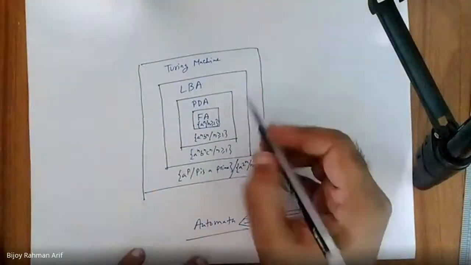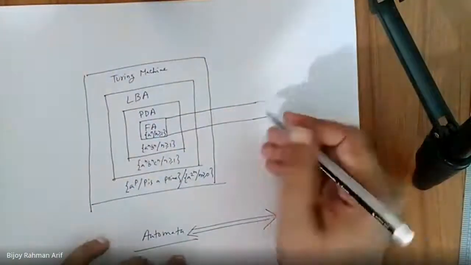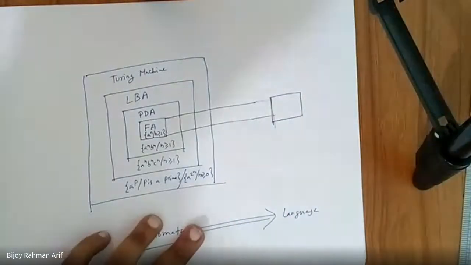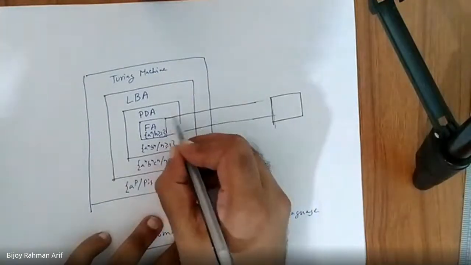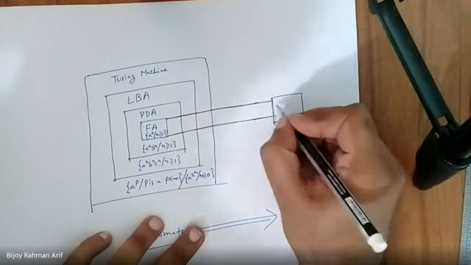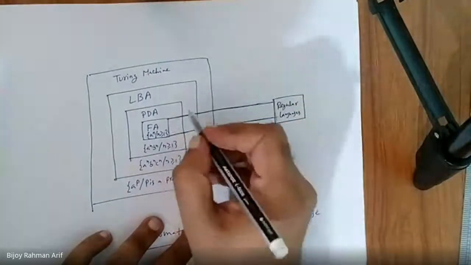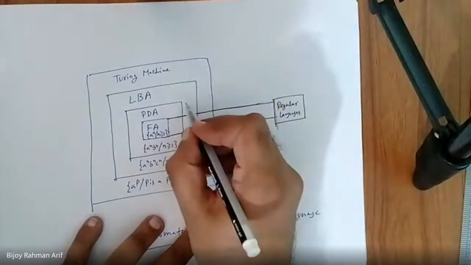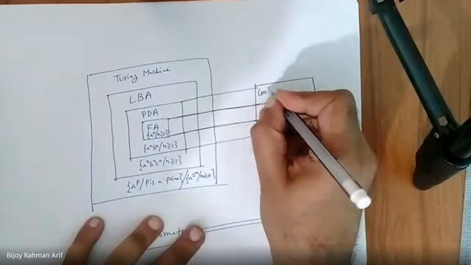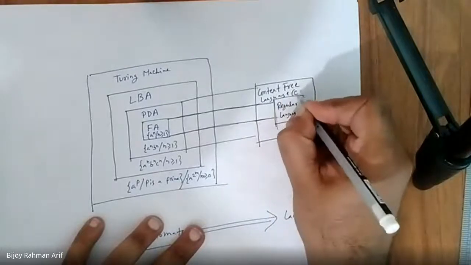So, finite automata languages are called regular languages. Then pushdown automata languages are called context free languages, or CFL.